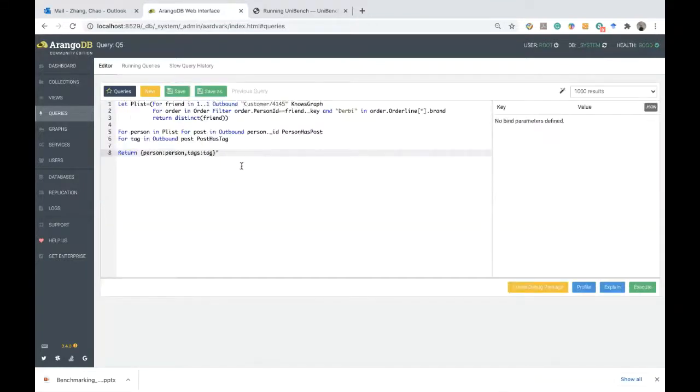We take query 5 as an example. So this query first finds the friends of a given customer and their bought orders in the brand of Derby. And finally, we find the related tags for these friends.